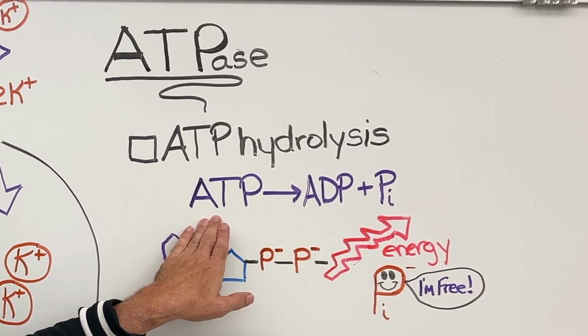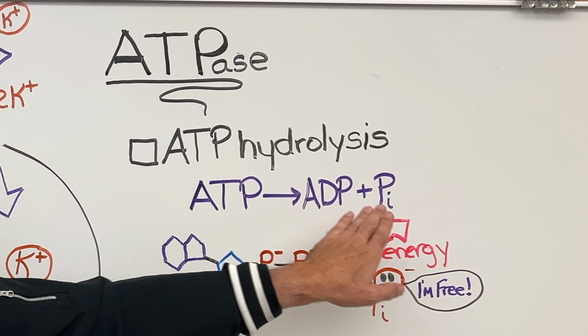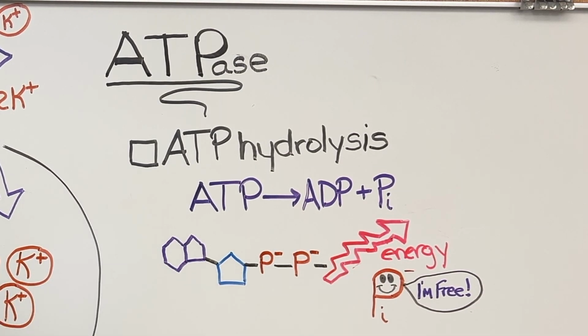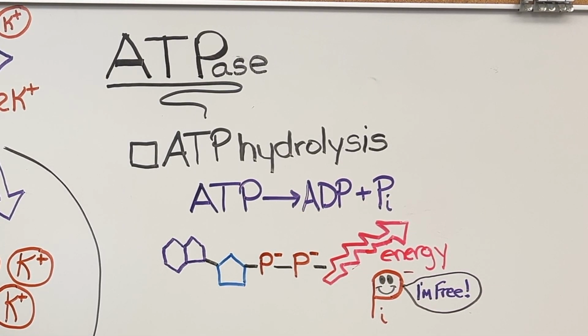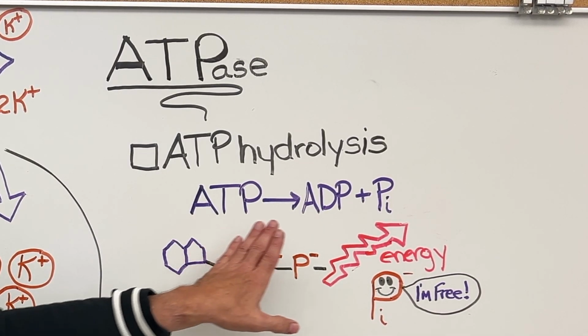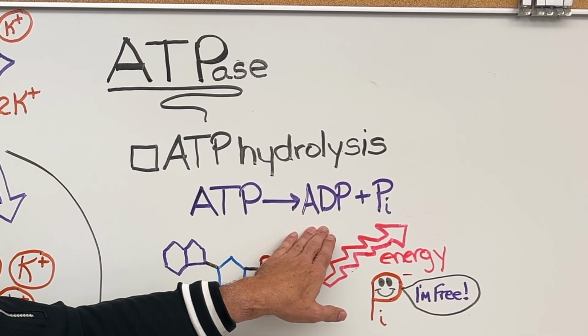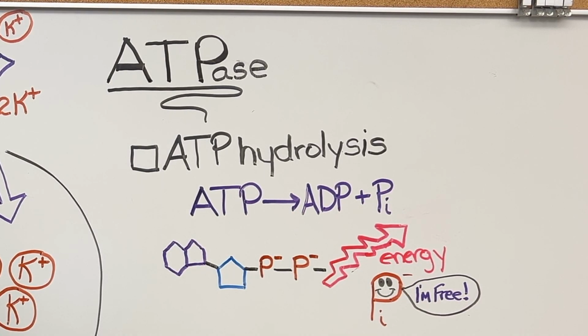ATP is hydrolyzed or broken down into ADP and one inorganic phosphate. We refer to it as inorganic because it is an inorganic element. So ATP is broken down into ADP and that one inorganic phosphate.